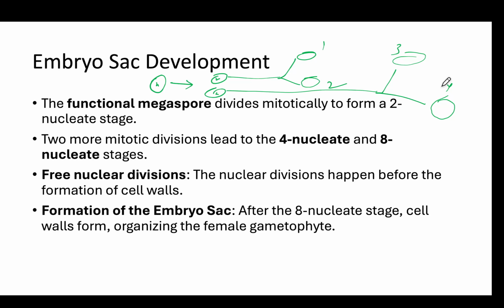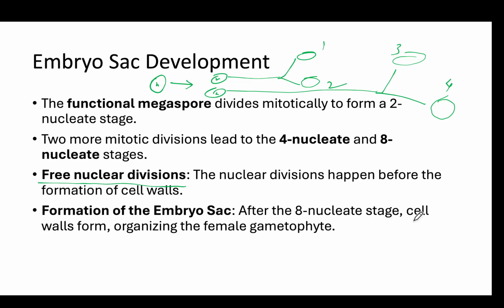Now what will happen next? Inside the megaspore, or we can say inside the ovule, there are 8 nucleated structures present, right? Now see, there is this word free nuclear division, meaning what? The nuclear division happened before the formation of cell wall and formation of the embryo sac. After the 8 nucleate stage, cell walls form and organize into the female gametophyte.